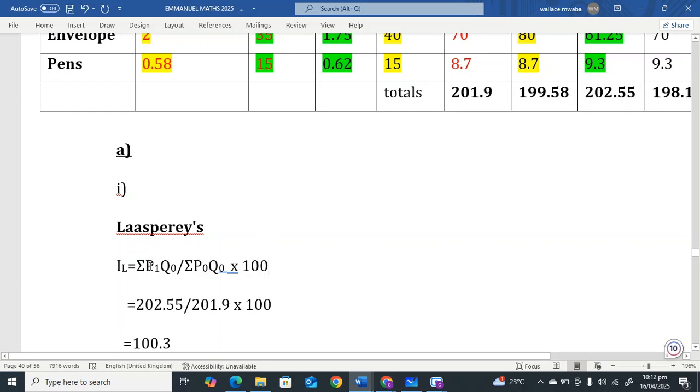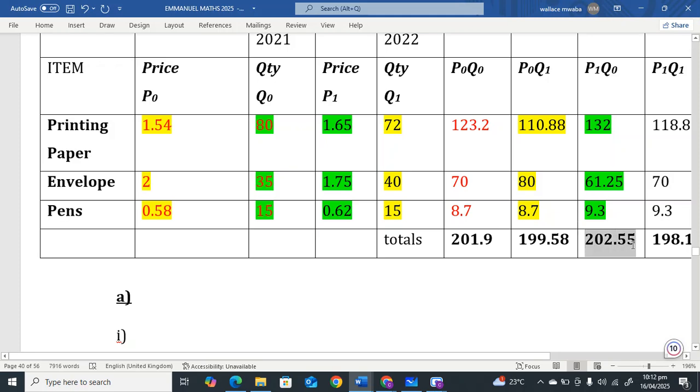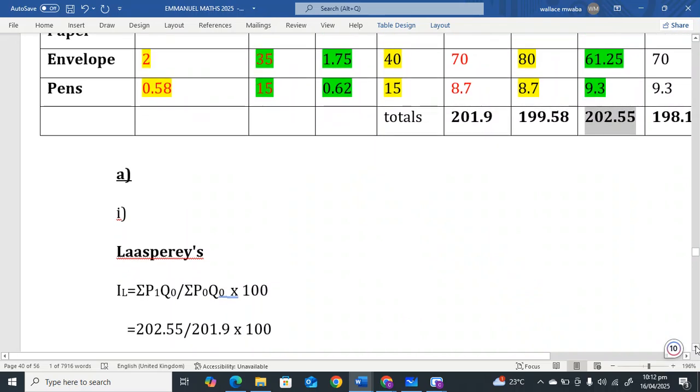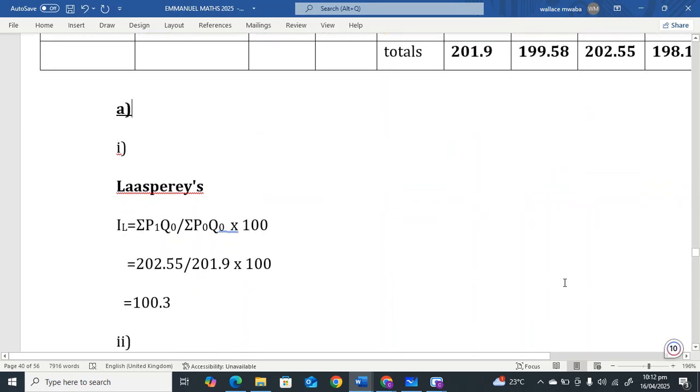So the summation of P1Q0, this one, 202.55, divided by the summation of P0Q0, 201.9. So 202.55 divided by 201.9.